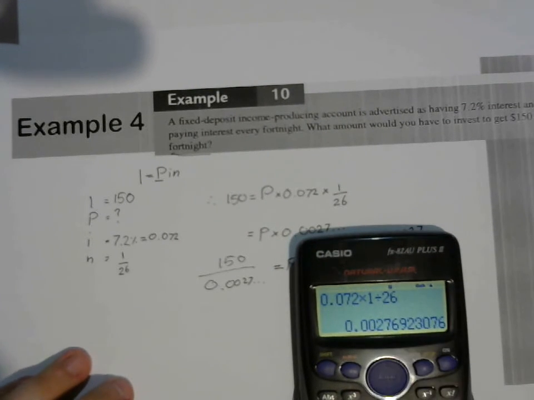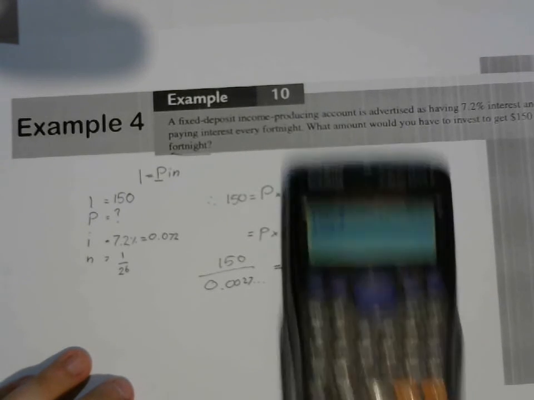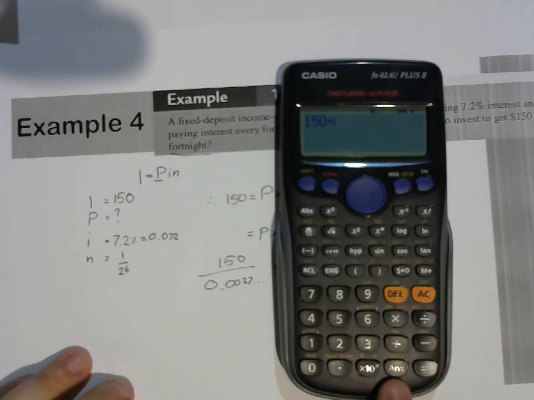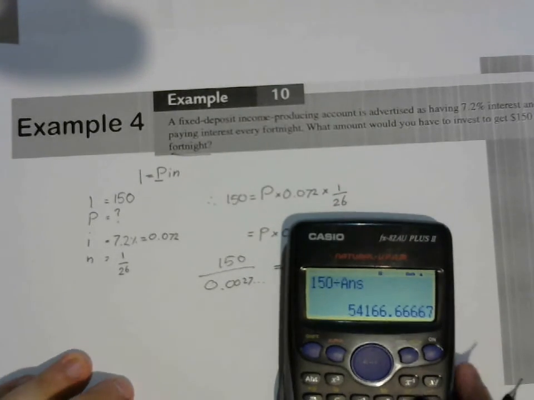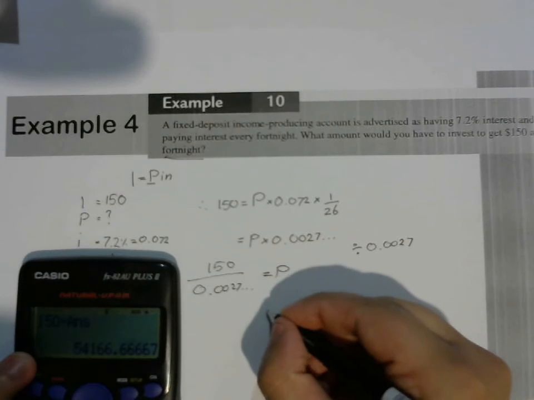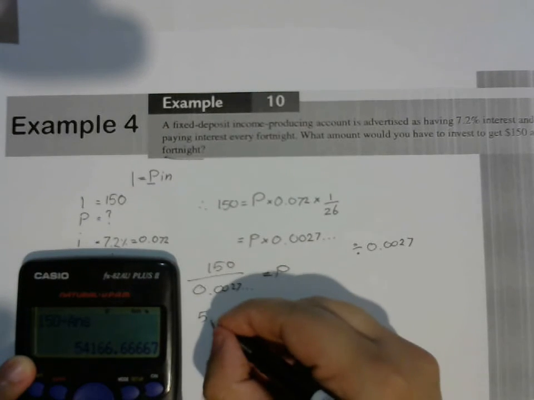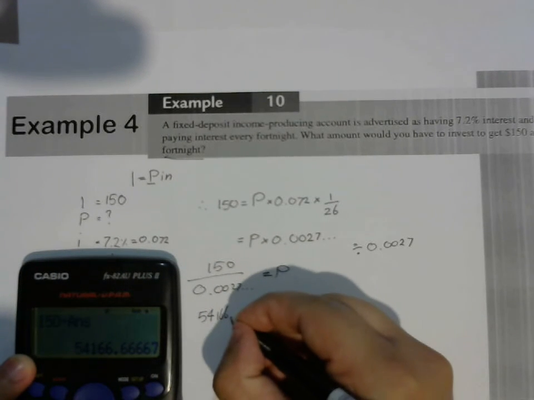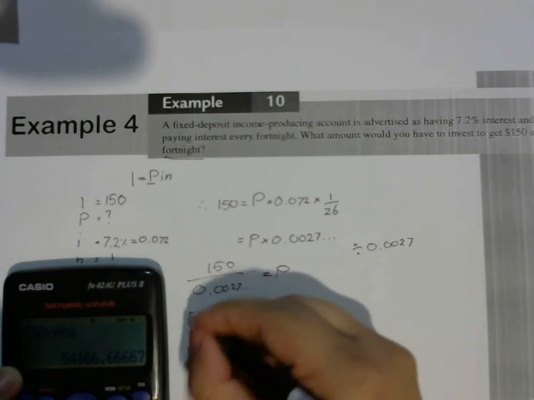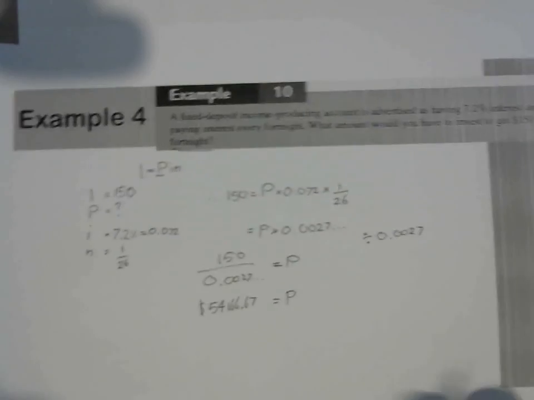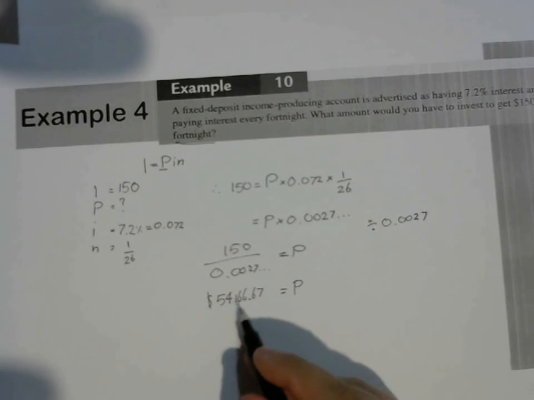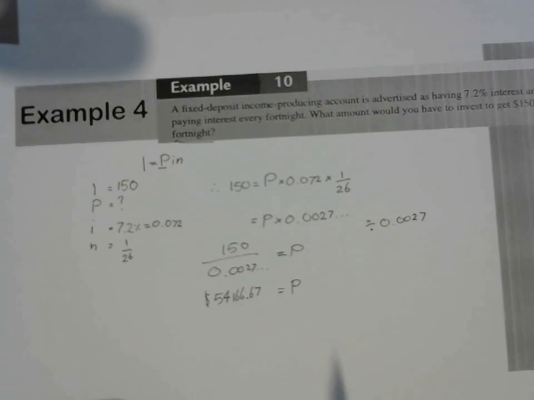So to calculate the answer, I'm going to go 150 divided by the previous answer, which I can find by pressing the answer button. Equals $54,166.67. So the principal that should be invested is $54,166.67.